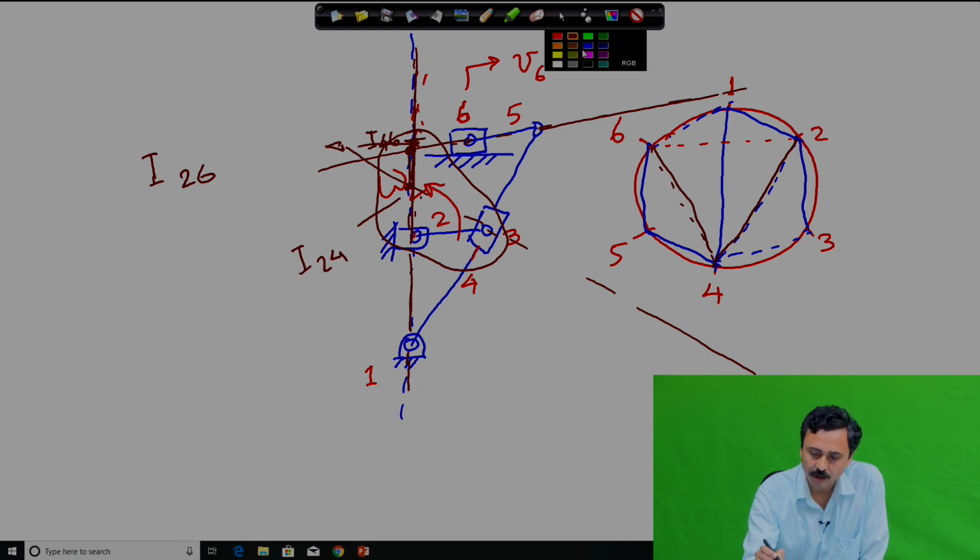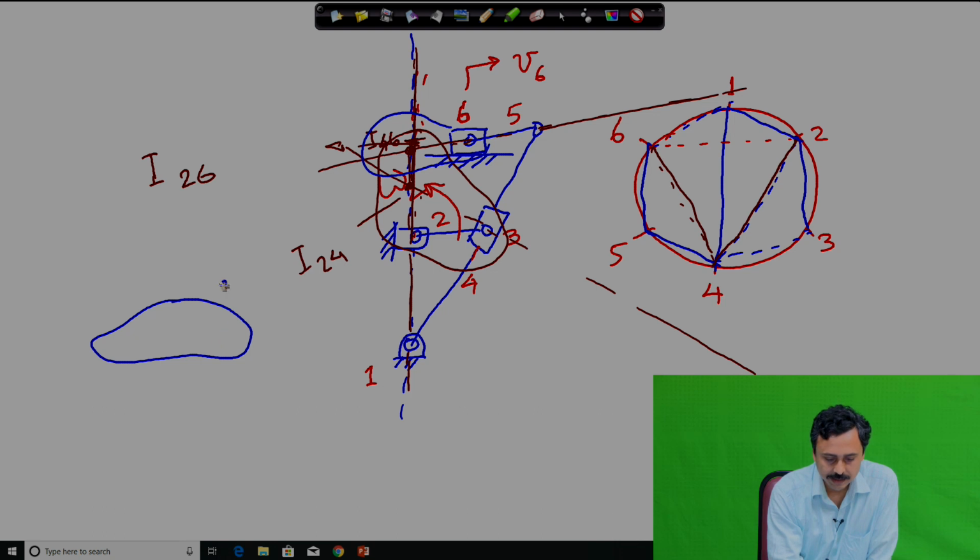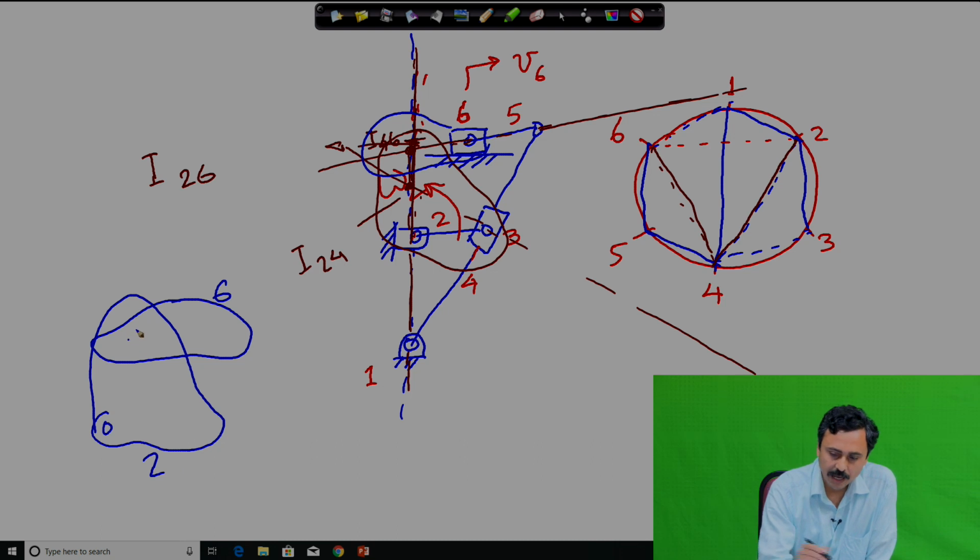Therefore, extension of link 6. It looks like this, that this is link 6 suppose, and this is link 2 or an extension of link 2. Suppose I 2 6 is somewhere here.